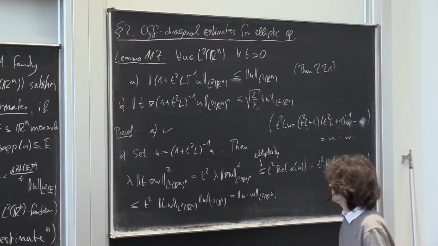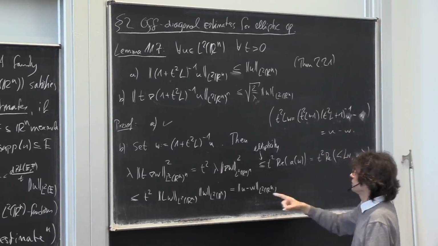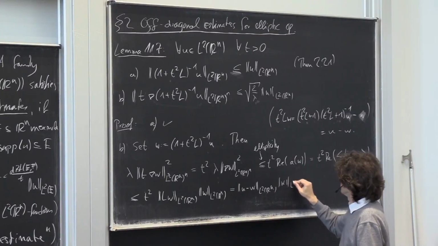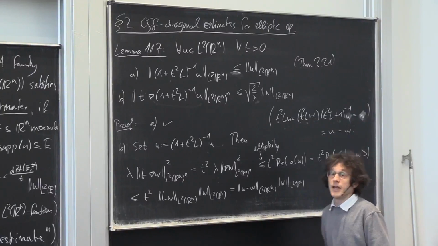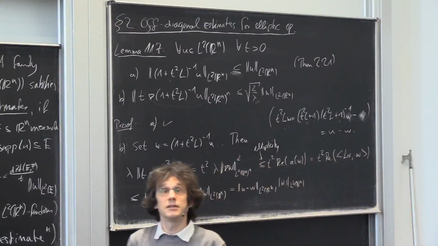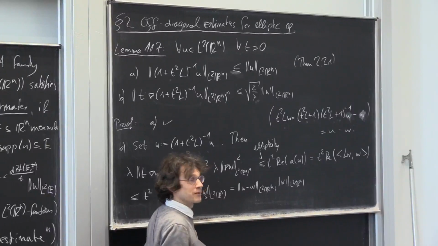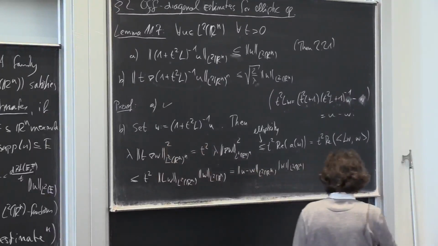Okay. So this is the norm of u minus w in L2(R^n) times the norm of w in L2(R^n), and the rest is now brute force: estimate the difference u minus w in L2 by the sum of the two norms.